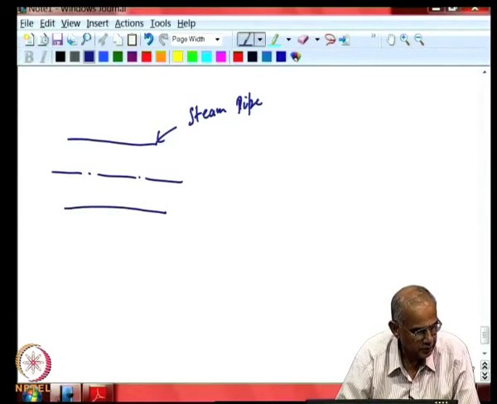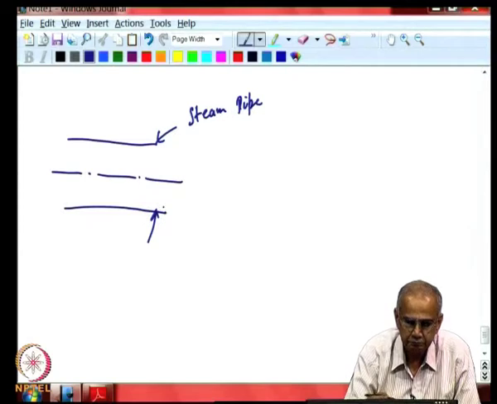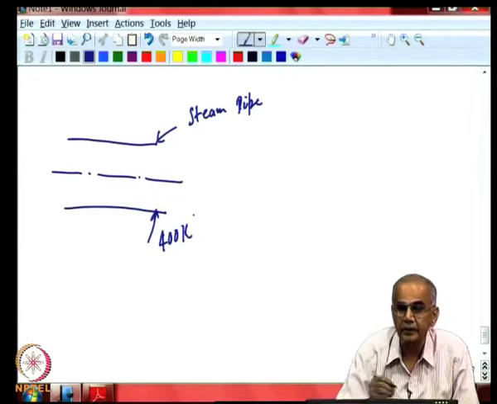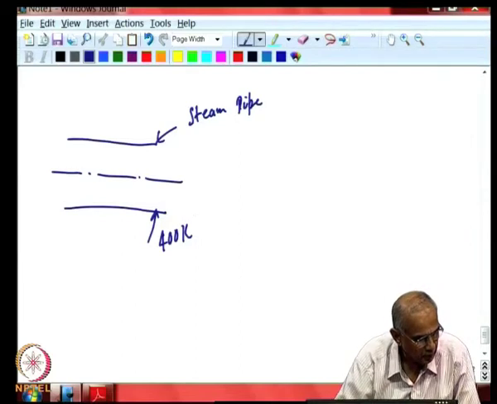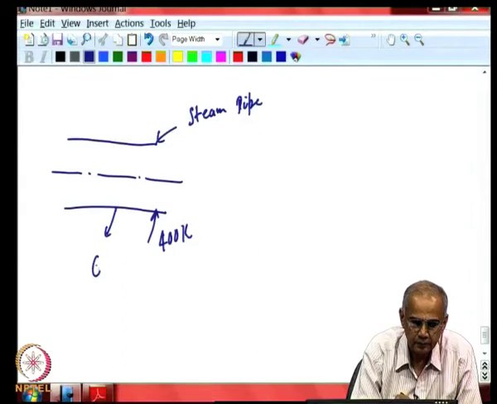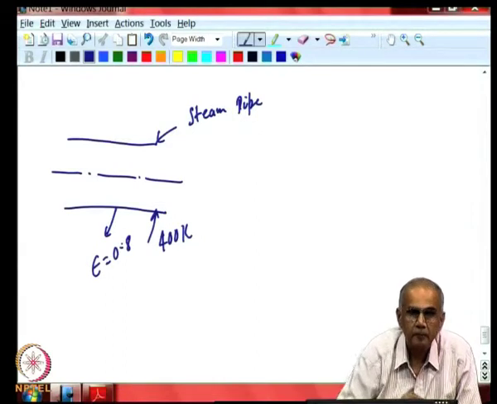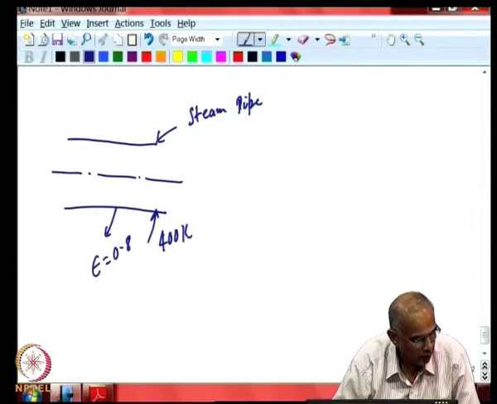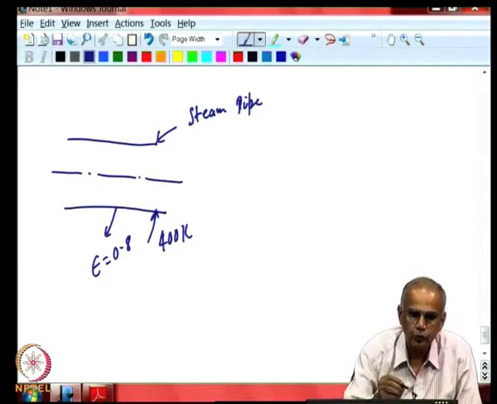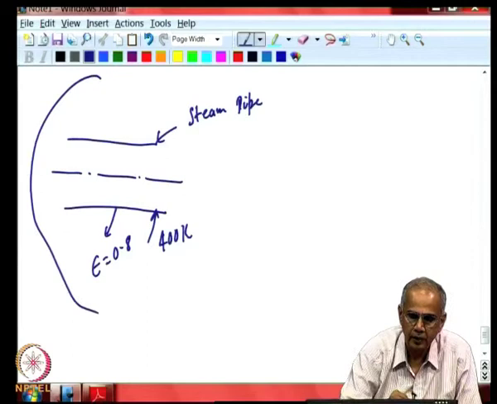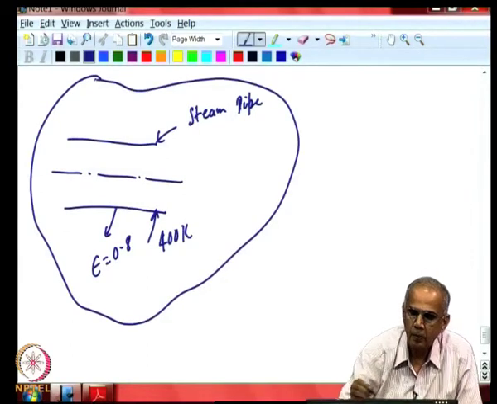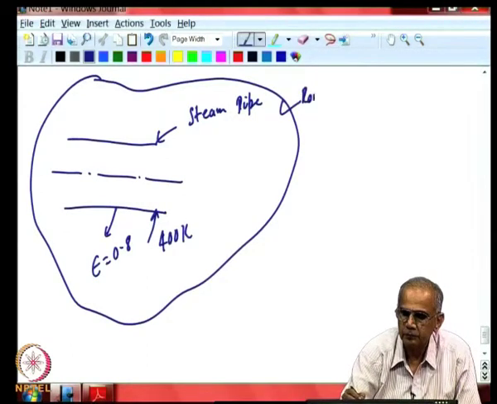Let us say the outside of the steam pipe is at 400 Kelvin, about 127 degrees centigrade, and its emissivity is 0.8. Okay. And you would like to know what is the heat loss by radiation to the room. It is surrounded and put in a room, and the room walls are at 300 K.